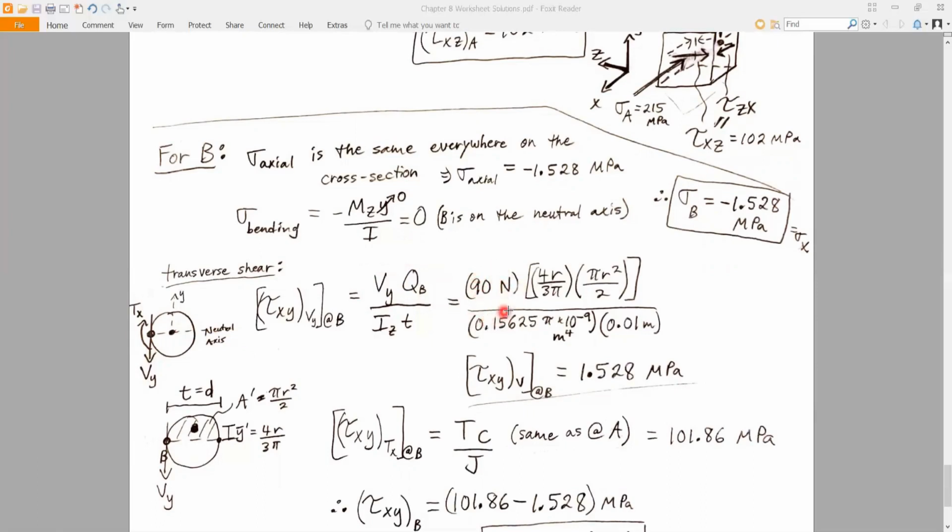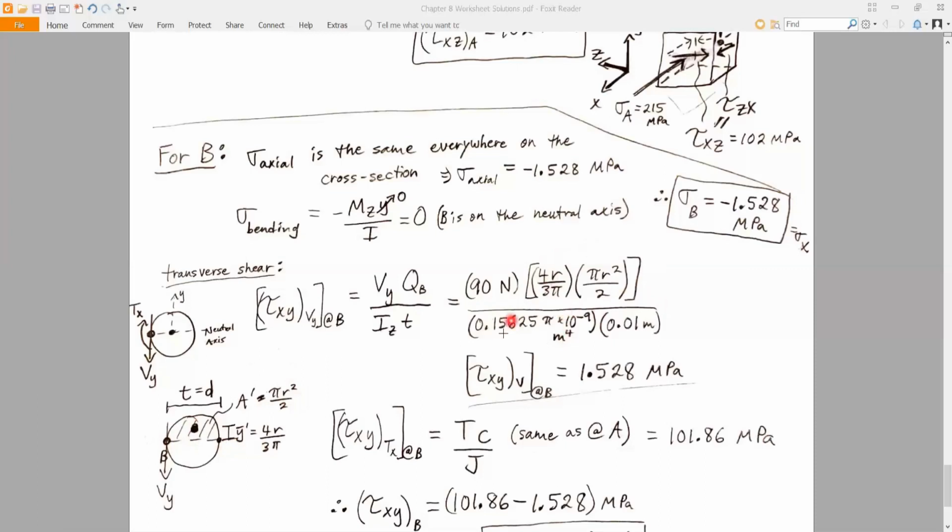Q here, again, is y bar prime A prime, which I wrote out here. For a semicircle, y bar prime is 4r over 3 pi, okay? And A prime is going to be pi r squared over 2, because it's half of a circle, right? So y bar prime is our distance from our neutral axis to the centroid of A prime, which is somewhere there. All right, so that's Q here.